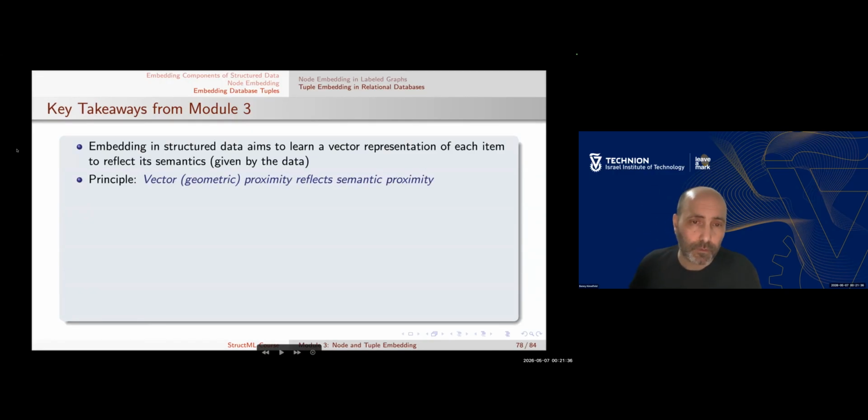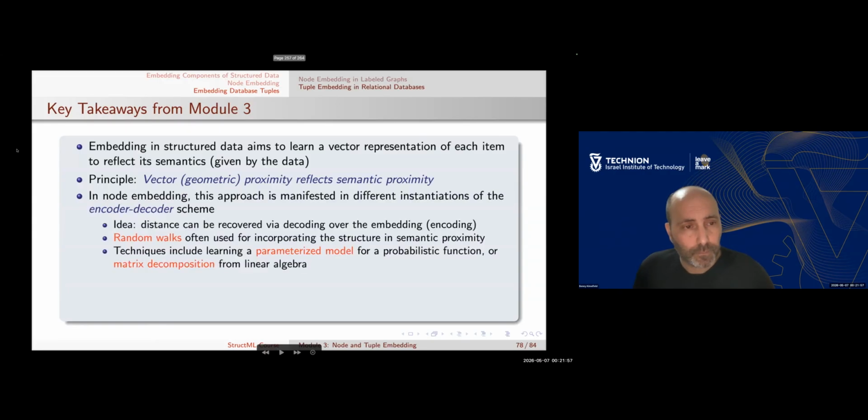The principle is that items that are nearby should have nearby vectors, embeddings, and vice versa. If two elements are similar, then their vectors should be close to each other.